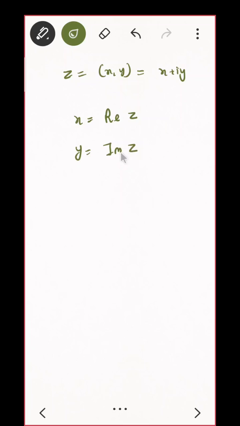Mostly this notation we will use everywhere. And when do we say two complex numbers are equal? Say z1 is equal to x1 comma y1 and z2 equal to x2 comma y2. When do we say z1 is equal to z2?